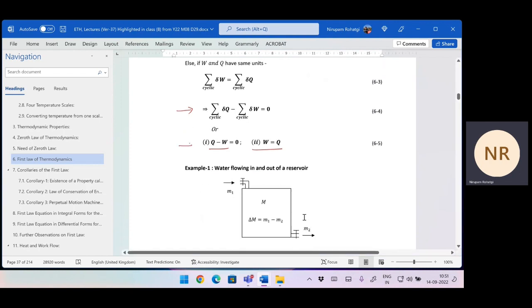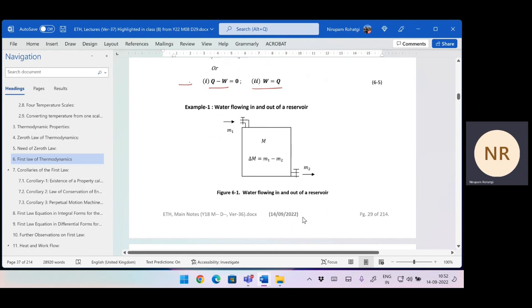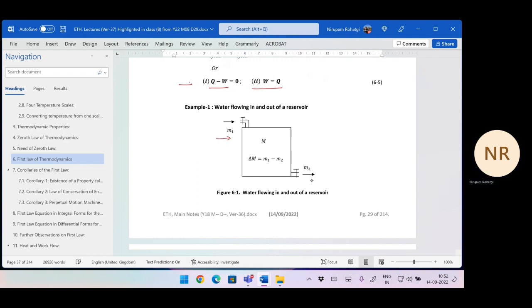Now, what does it say? Okay, I'll take up this example. What does this law actually mean? You take a tank, and this is a closed tank. You put some quantity here, M1, and some quantity M2 comes out.